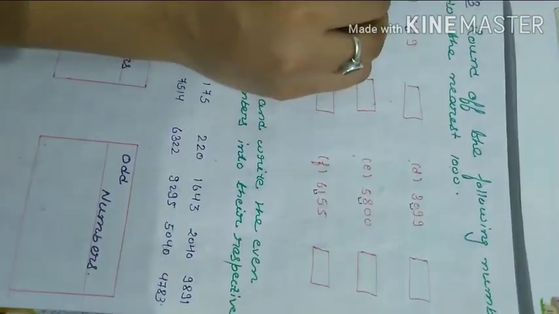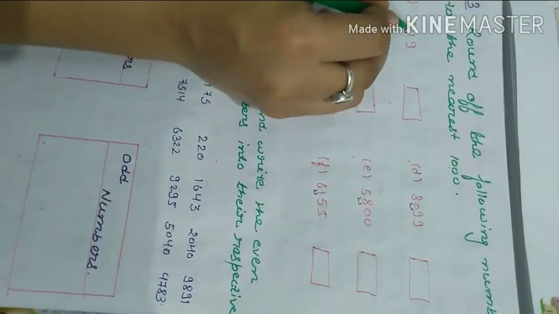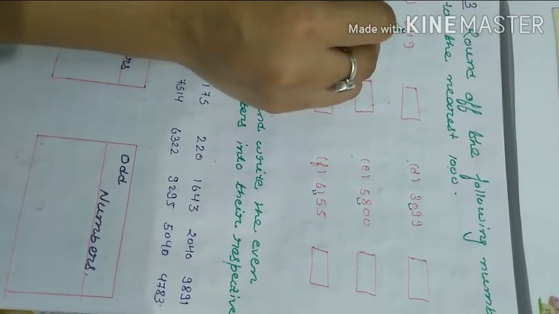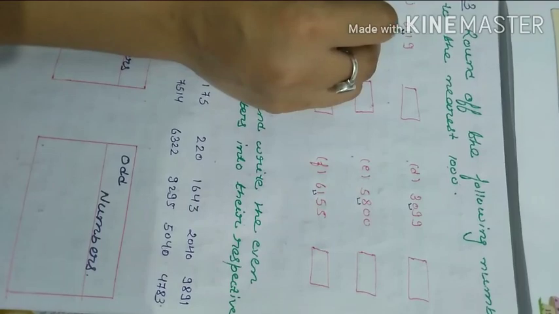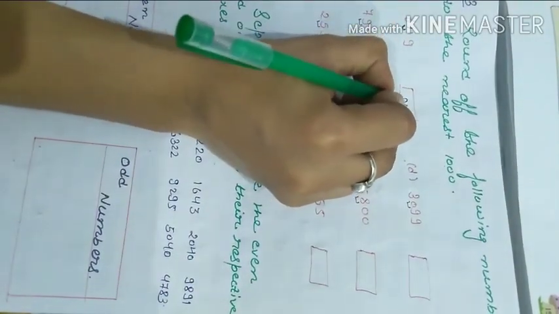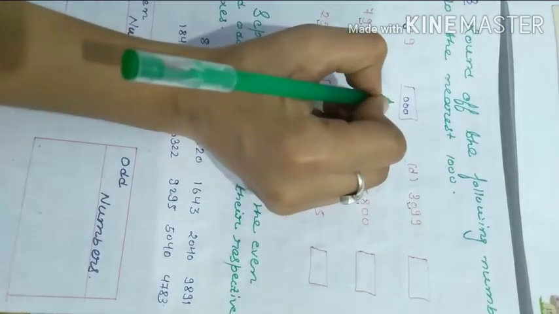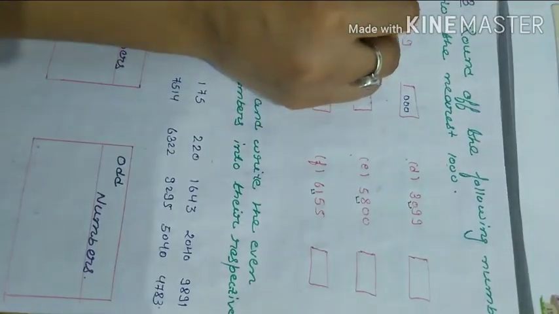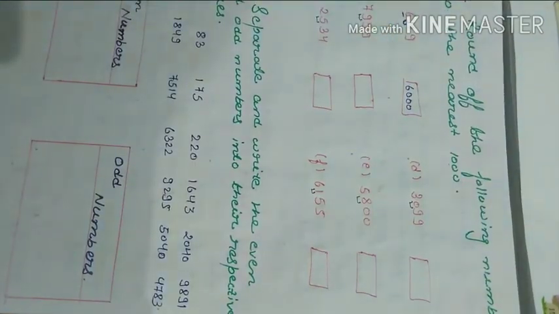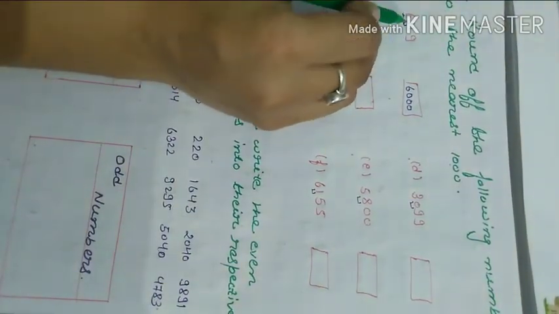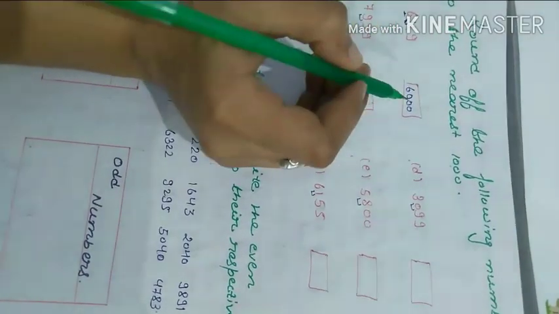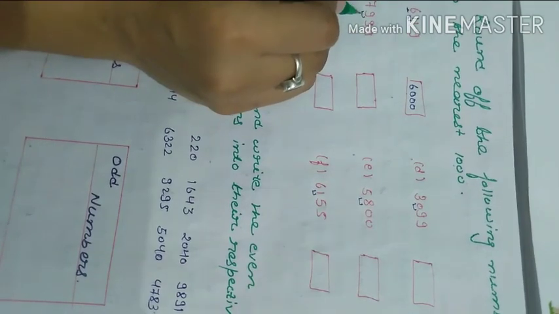So here in the first question at 100 place we are having 1, which is less than 4. So what we will put here? We will place 0 at 100 place, tens place and ones place. And the digit at 1000 place will be the same. So the round off number of 6119 is 6000.